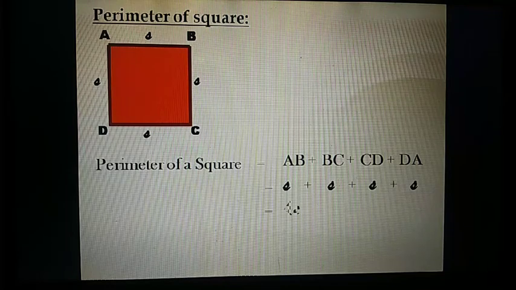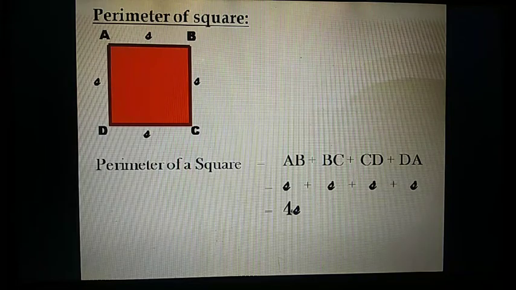Adding all, we will get 4s, which is the final formula of perimeter of a square using the variable s. So, these variables take on values based on the condition given to you in the question.